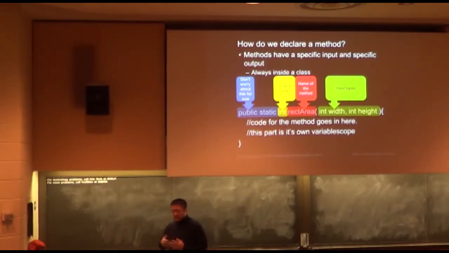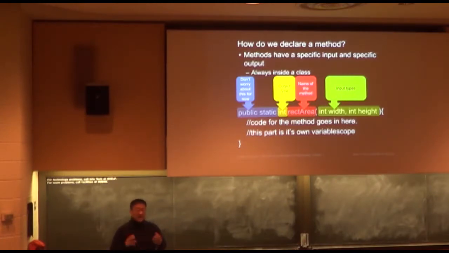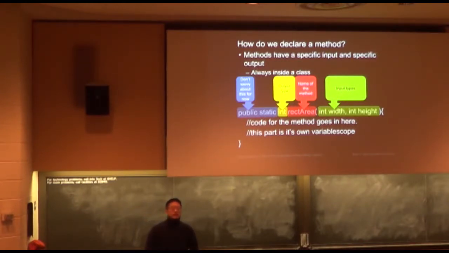The kinds of outputs that you can have from a method are basically the types that you've learned about so far: ints, doubles, floats, strings, booleans, chars, etc. But there's one additional type that we're learning about here, the void type. And the void type is simply a placeholder that says there isn't a type because this method doesn't generate output. Okay, so you need to have a name for your methods.